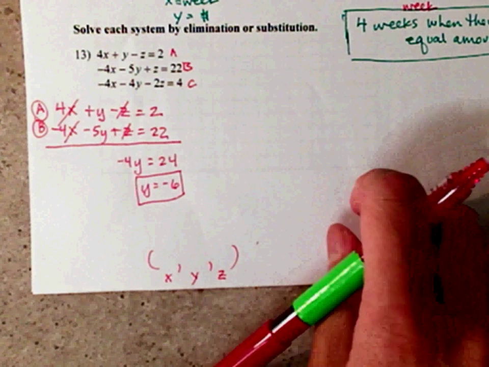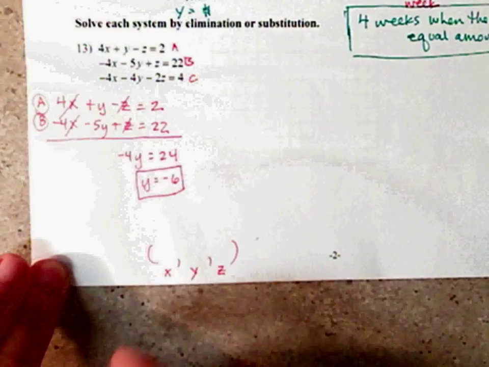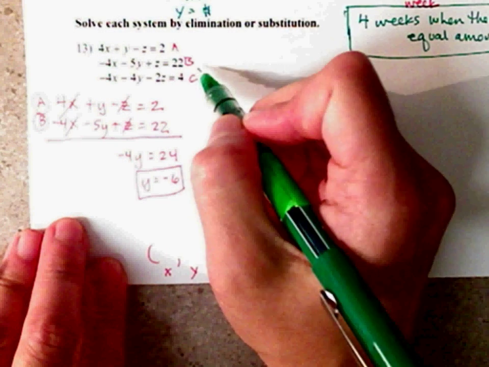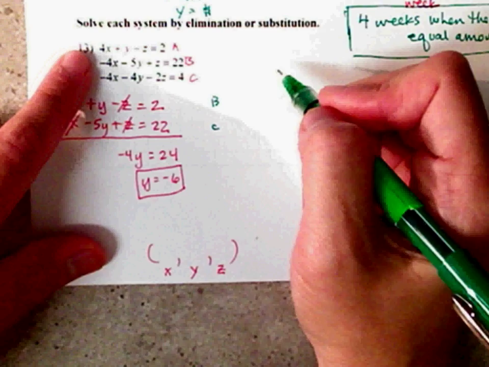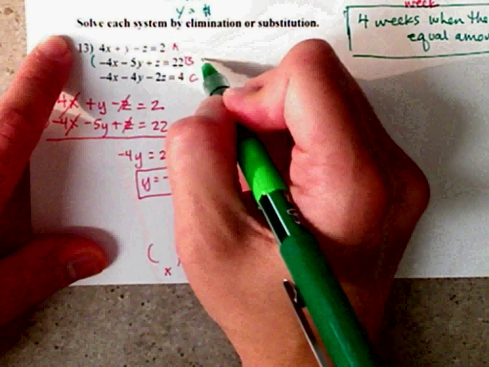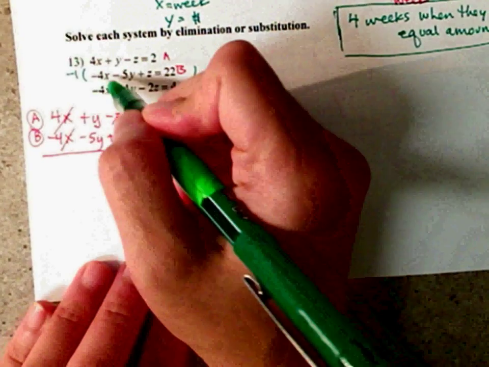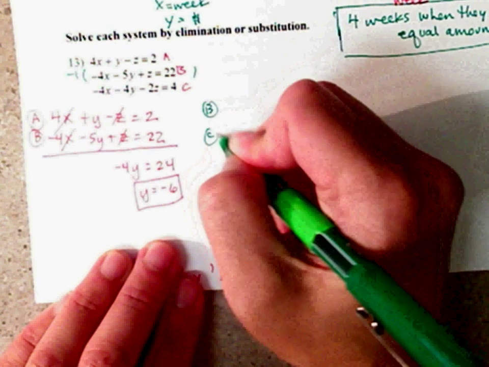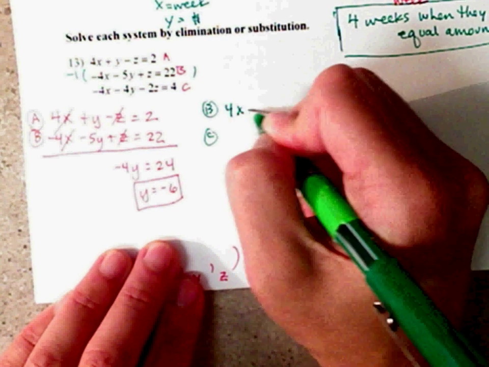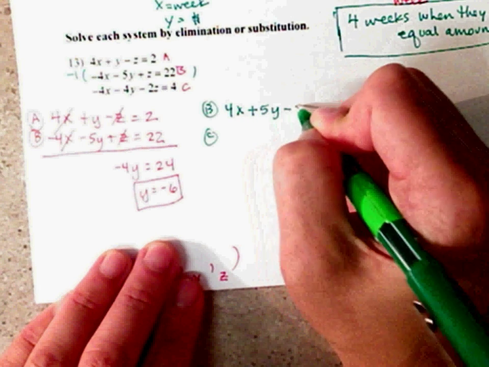Now I'm going to use the other, B and C. For B, I'm going to multiply it times negative 1 so I can get rid of my x. So negative 1 times negative 4x is positive 4x. Keep multiplying straight across, just like I did.